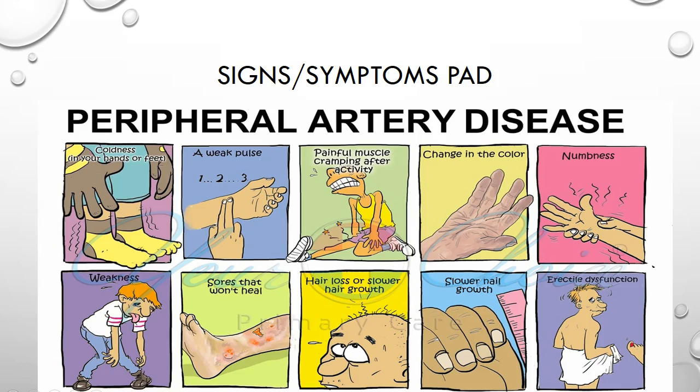So some signs and symptoms of peripheral arterial disease. We have coolness in our extremities, a weak pulse, color change, numbness, weakness, delayed sore wound healing, just like with diabetes, hair loss or slower hair growth because you need good circulation for hair to grow, nails that grow slowly and are thicker, erectile dysfunction, and painful muscle cramping with activity.